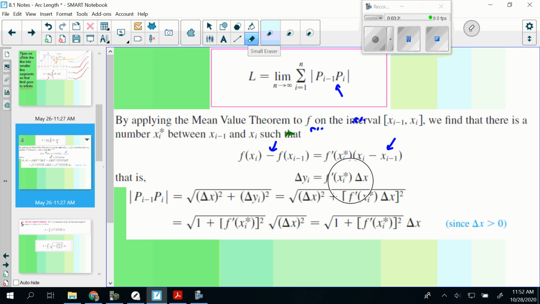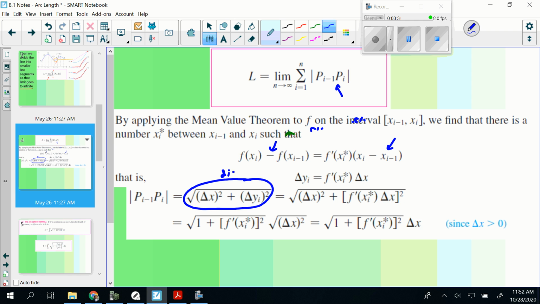Now we're going to use that statement and find the length of the line using the distance formula. It's just the Pythagorean theorem, the square root of the two values squared to find the hypotenuse. So we do our change in x squared plus our change in y squared, and then take the square root of it.